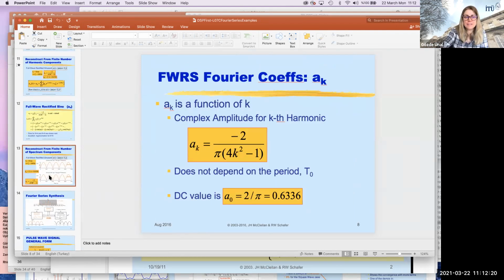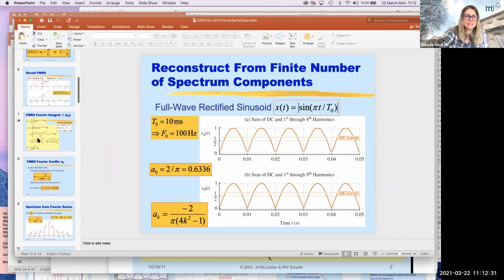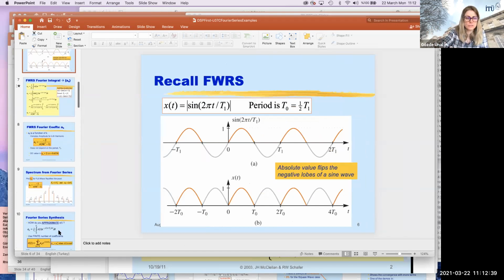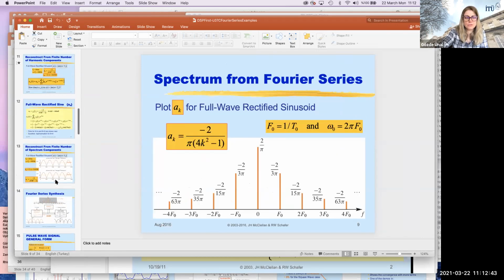You can then actually start reconstructing the signal. For instance, the sum of DC and first to fourth harmonics. This had a DC component, yes. It doesn't have a zero integral, it has a non-zero integral, so it has an A0 coefficient. Yes, A0 is non-zero here.